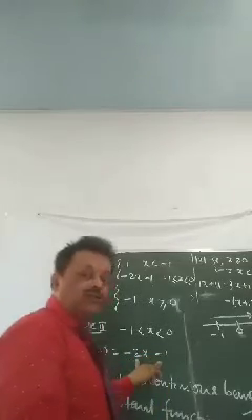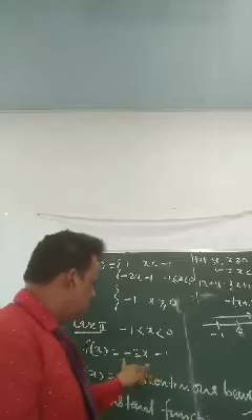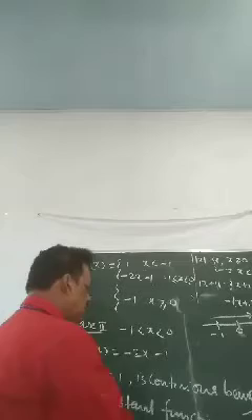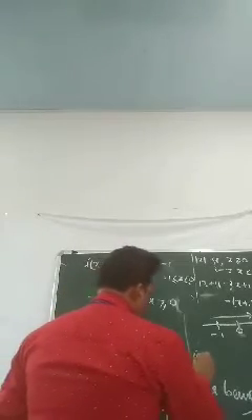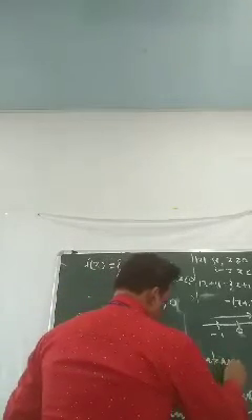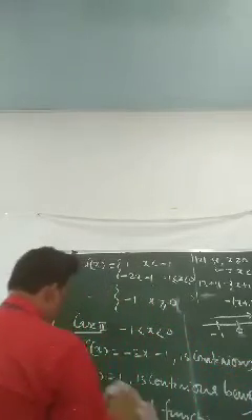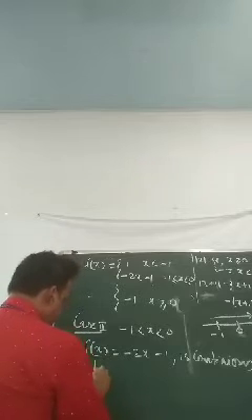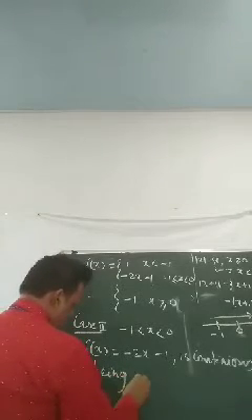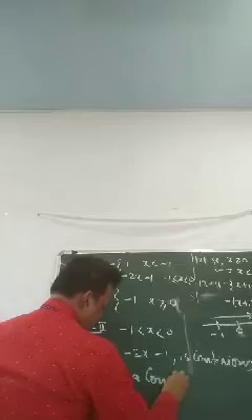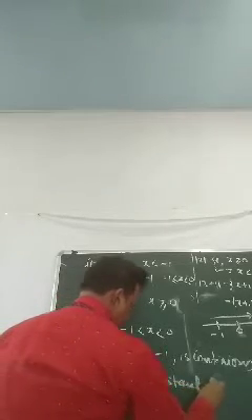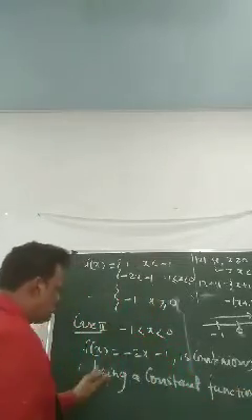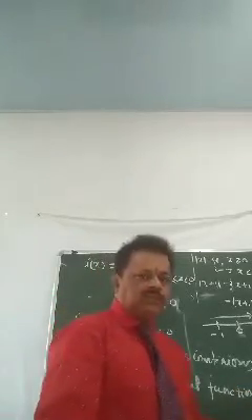This is also continuous. Why is this continuous? Because this is a linear function. So a linear function is also continuous. Okay, so this is continuous, being a constant function.